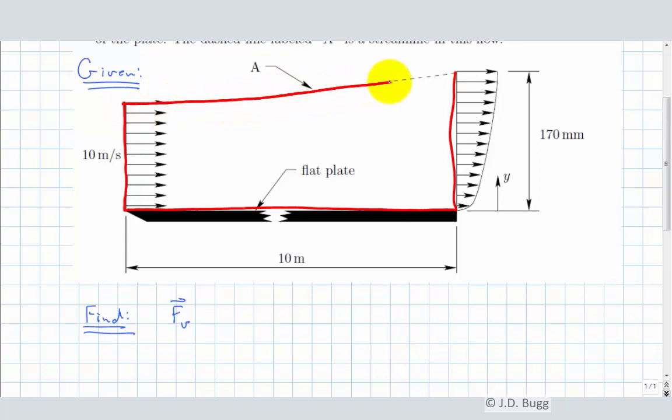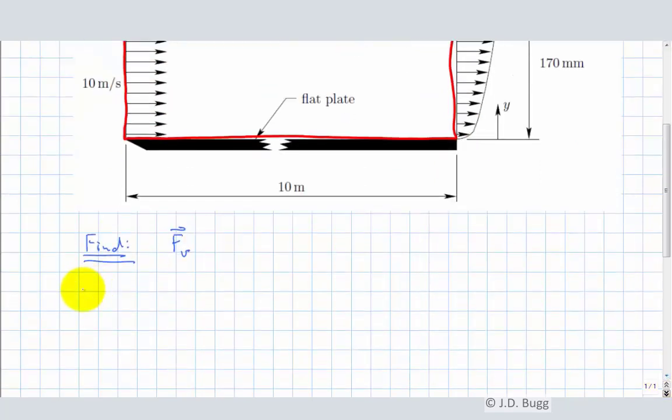The reason I'm choosing that streamline to be the top of the control volume is, remember, there's no flow across a streamline. So there's no flow across that portion of the control surface. So this entire control surface that I've drawn has an inlet here and an exit there, and that's all there is. Okay?